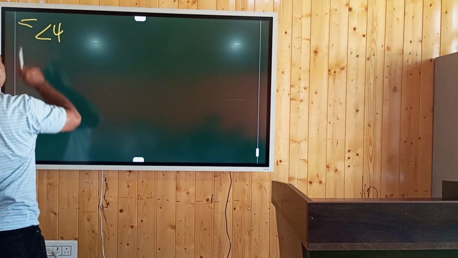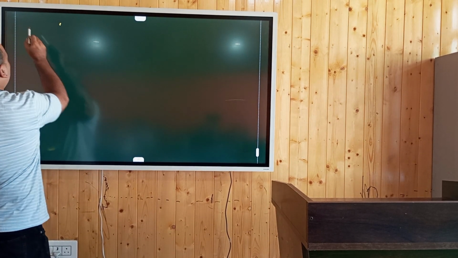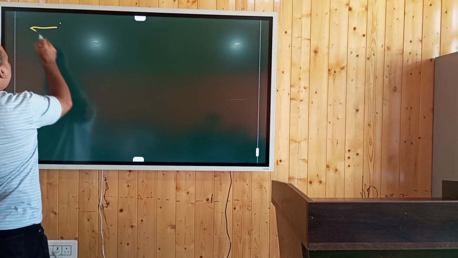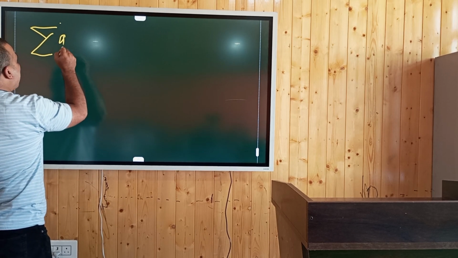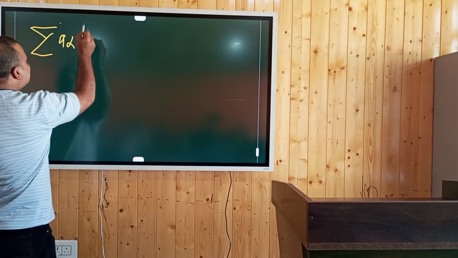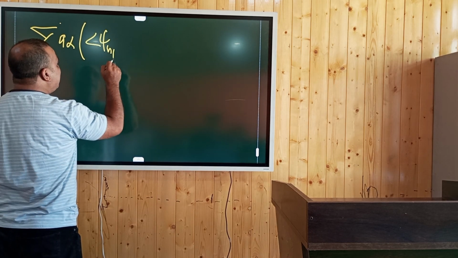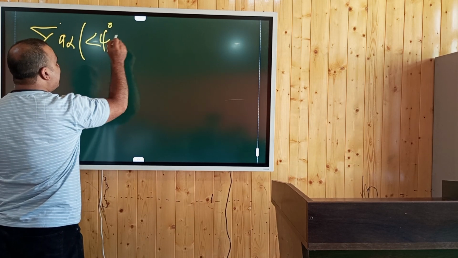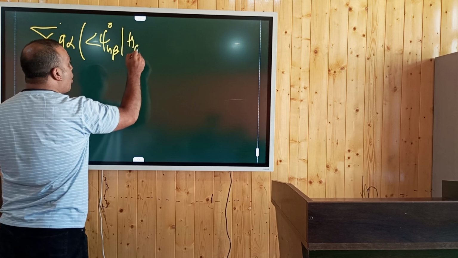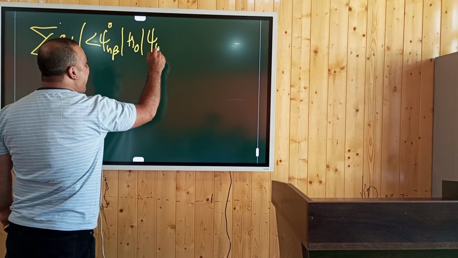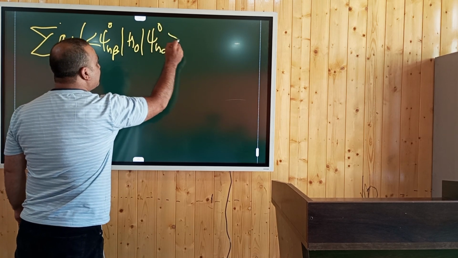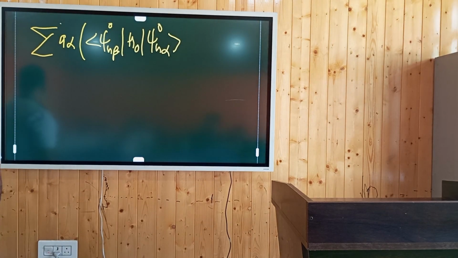There is a sum, and then there is A_α, and then a bracket, then I have ψ_β⁰, then I have H⁰, then I have ψ_α⁰. Is this clear? This is the first term.